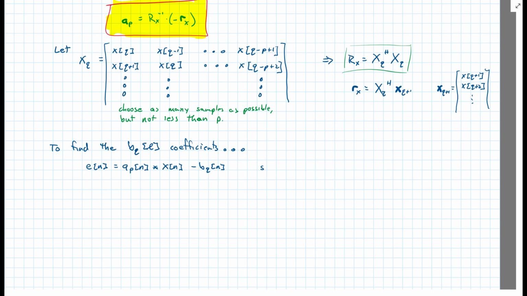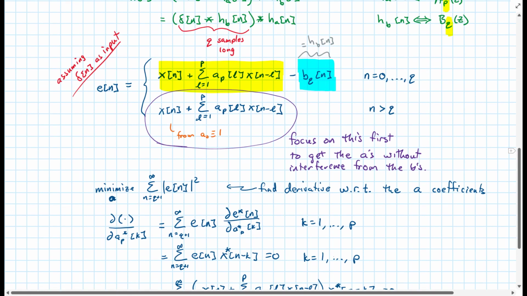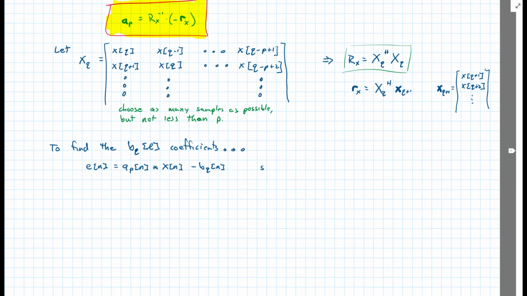This is the equation highlighted here in yellow and blue. I just went ahead and wrote out the convolution in the highlight. Here I just expressed it as a convolution to make it easier. And then we set this to 0 for n equals 0 up to q.